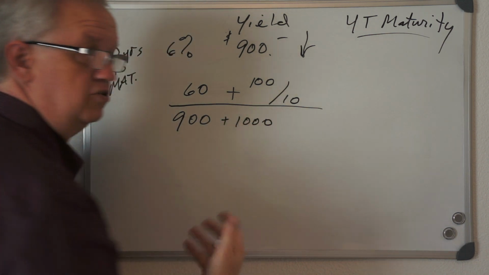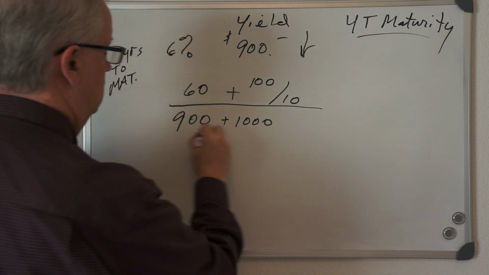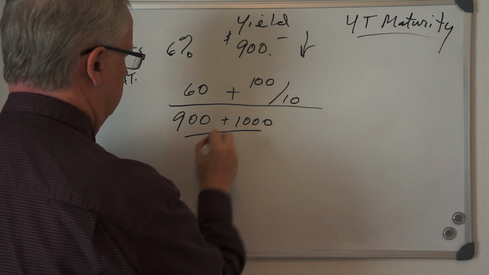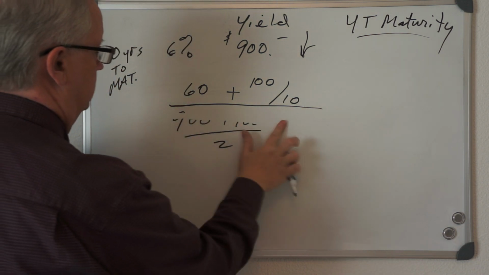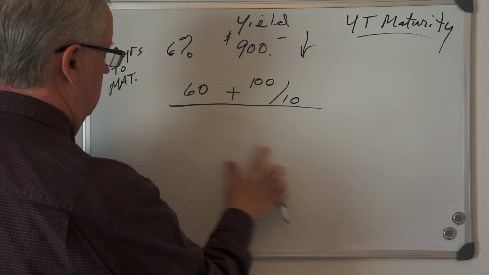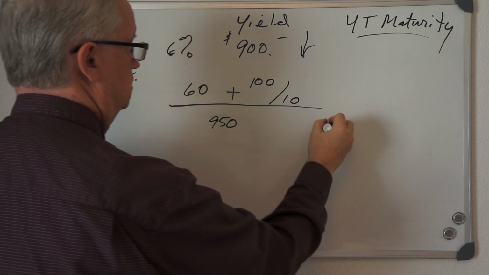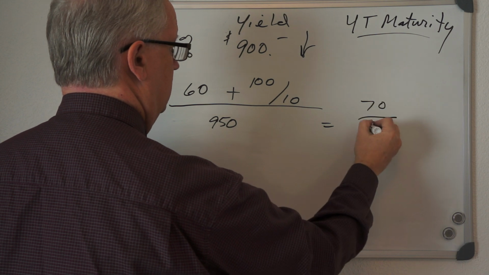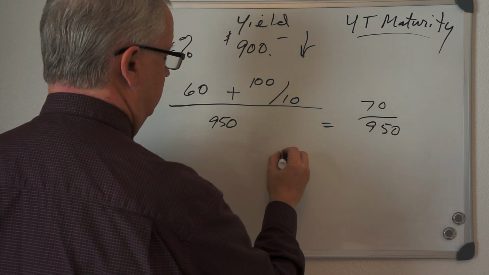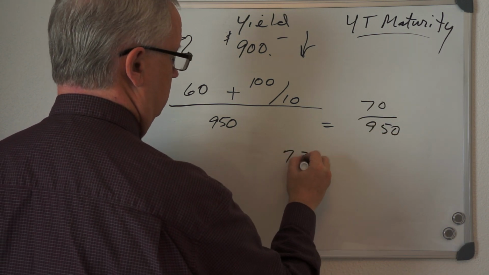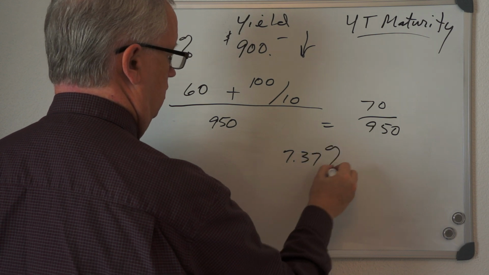Face value of a bond in your calculations is always 1,000. Divide that by 2. Okay? So right off the bat, I know this is 950. So this is going to be 70 divided by 950. And that's going to give us a yield of 7.37.